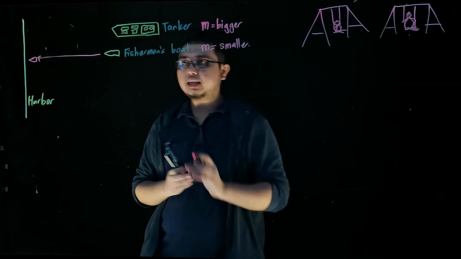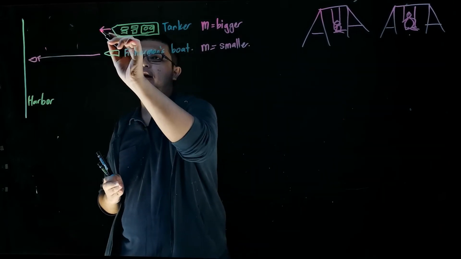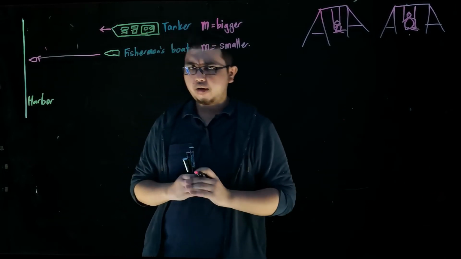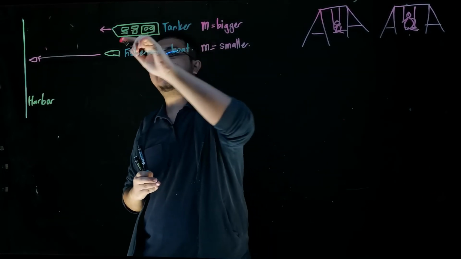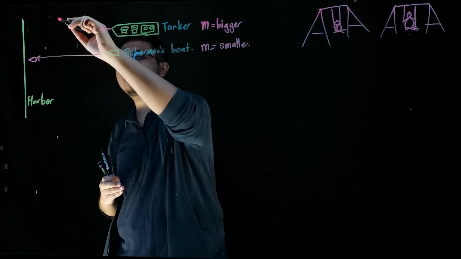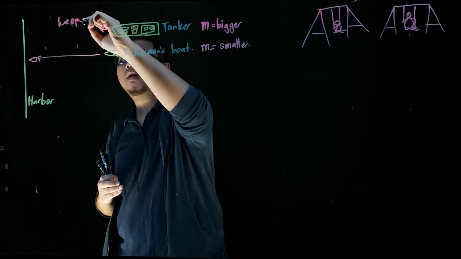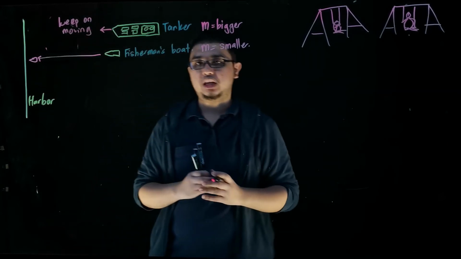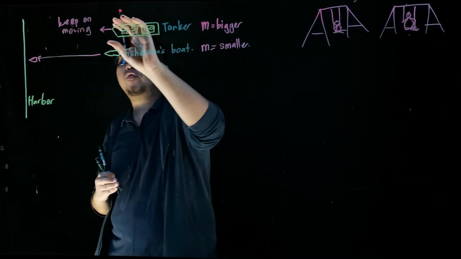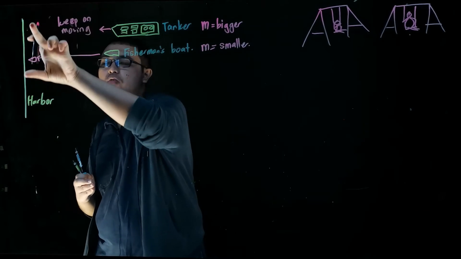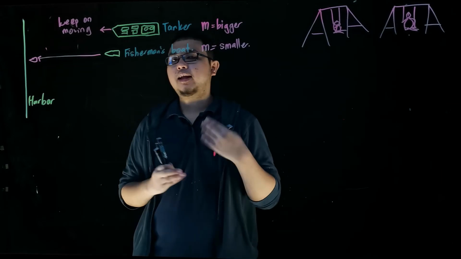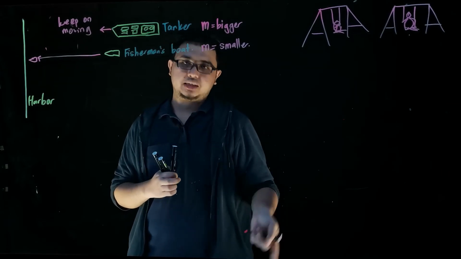However, for the tanker, they need to start to cut off their engine somewhere here. Why? As they cut off the engine, this tanker will keep on moving due to the effect of inertia. It will keep on moving until it almost reaches the harbour, where eventually the captain will start to turn on the engine in reverse.